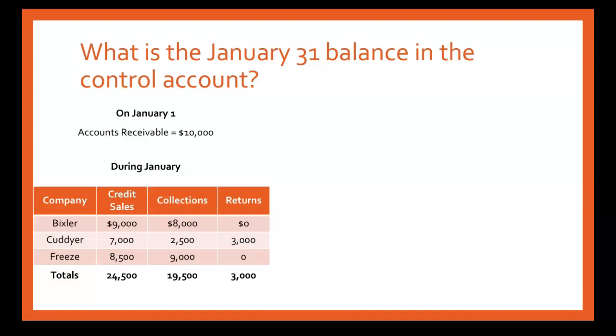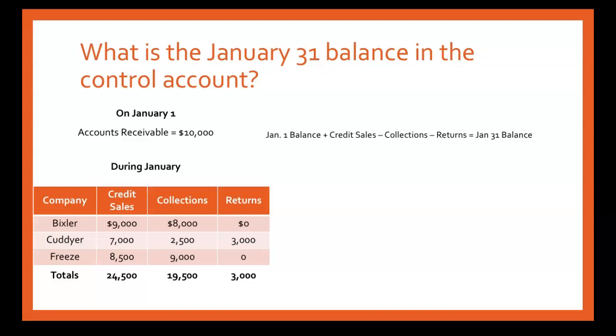So what we can do here is work through this problem. Your credit sales are going to increase your accounts receivable, right? Because that's making sales on account. So Bixler, Kadire, and Freeze all owe us more money when we make a credit sale to them.